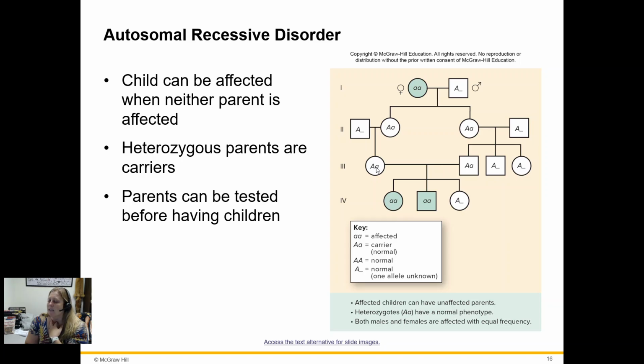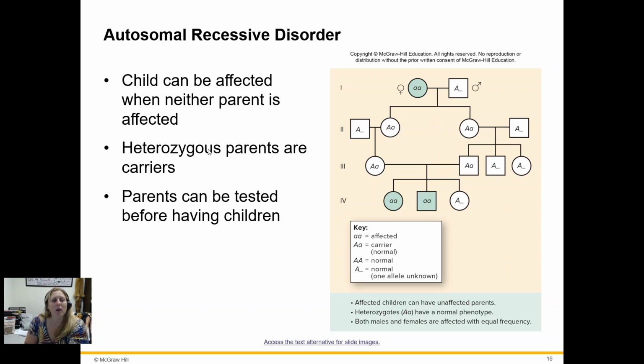And as such, we have to assume that their mother is heterozygous on both sides because their mom was heterozygous, okay? In any case, or homozygous recessive, the mom was. In any case, this is going to be an autosomal recessive disorder because we skipped generations, okay? We've skipped generations. It's not every generation that's affected. And the children that are affected are male or female. It doesn't matter which sex it is. So it's autosomal recessive disorder.